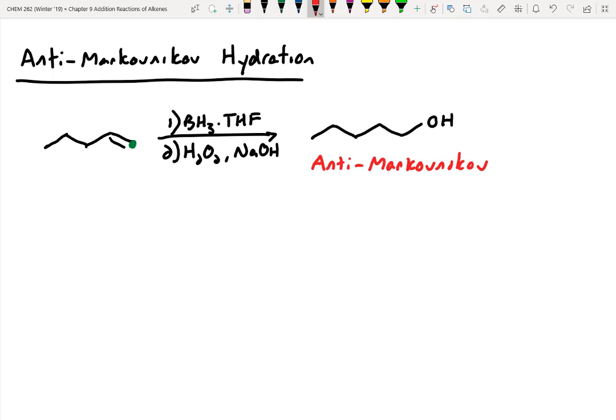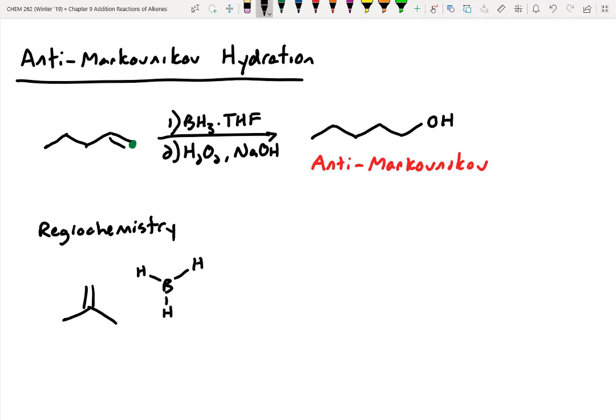All right, so let's think about why this is occurring. I'm just going to make up an alkene. So this will be my alkene, and we've got boron floating around like this. In solution, a little bit of it will be free borane.